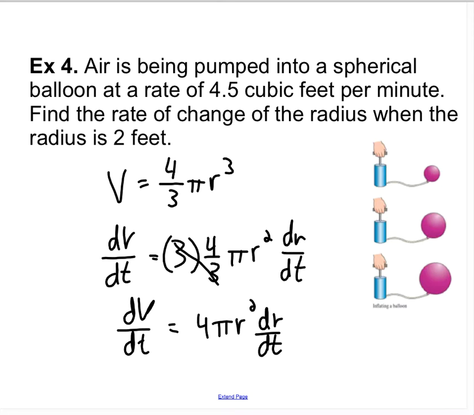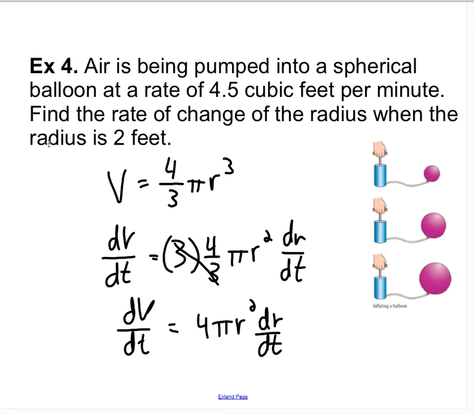Do not forget to multiply by dr/dt. So that's our related rate equation. And now go in and see what additional information they gave me. They want me to find the rate of change of the radius. Well, the rate of change of the radius is that dr/dt, so I'm not going to plug in anything there. They must have given me information for the other two variables.